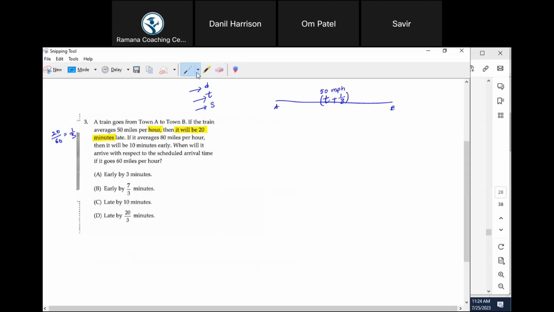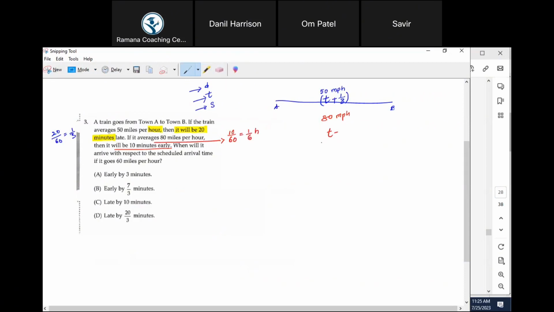If it averages 80 miles per hour, it will be 10 minutes early. Again, convert the 10 minutes, please. How do you convert the 10 minutes into hours? Divide by 60, which is 1/6.